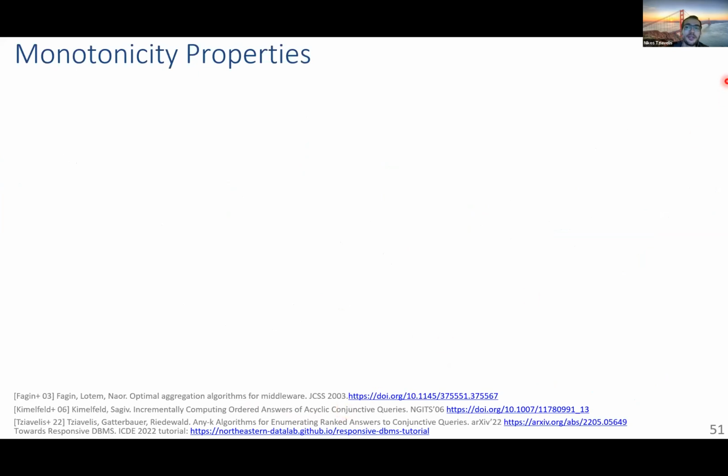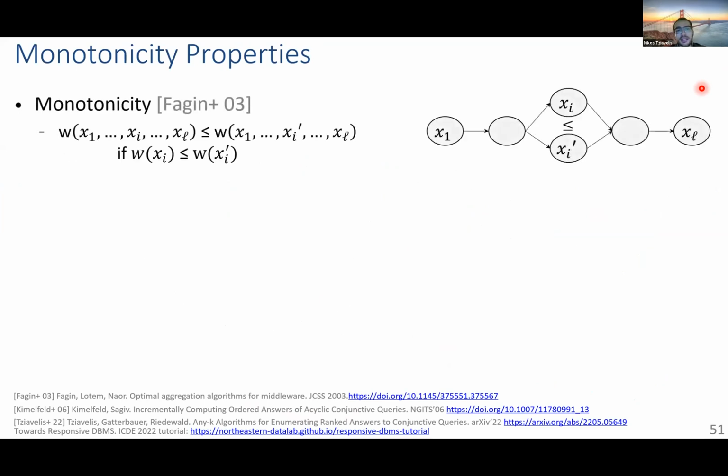So now the question is, does this always work? In order for these algorithms to work, the ranking function needs to have certain properties, and we call these properties certain kinds of monotonicity. In the literature, many of you might be familiar with Fagin's threshold algorithm, which uses a particular kind of monotonicity.